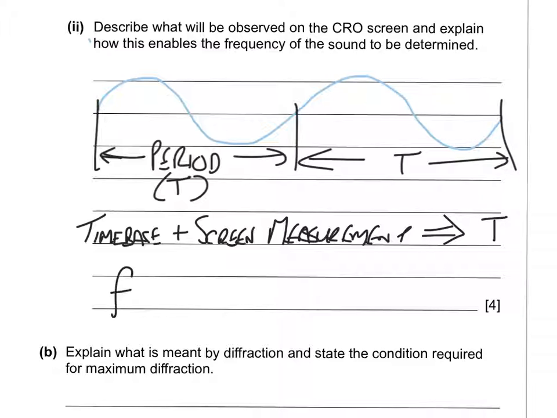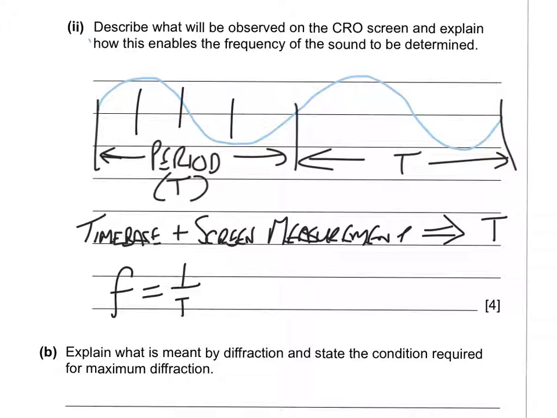And then you can get the frequency by doing 1 over the period. So say for example the time base was 1 millisecond per square, and you were able to count how many squares it was across here.